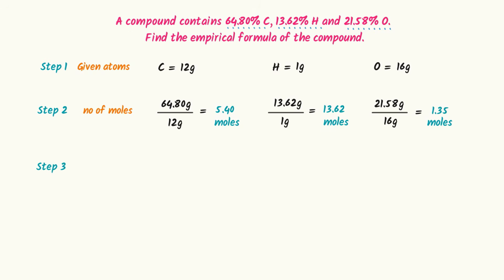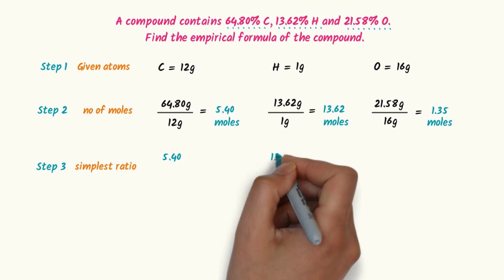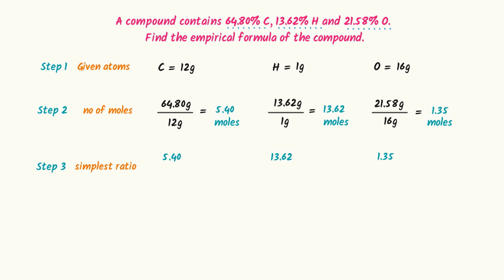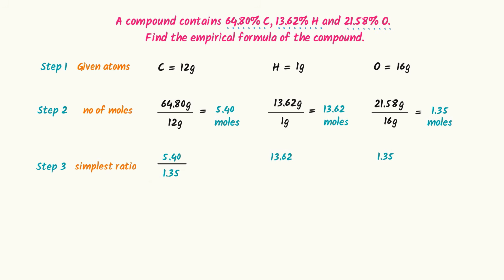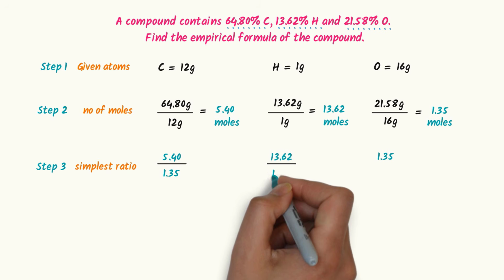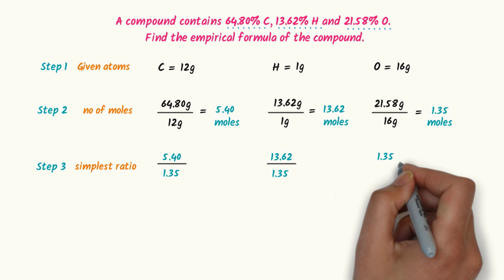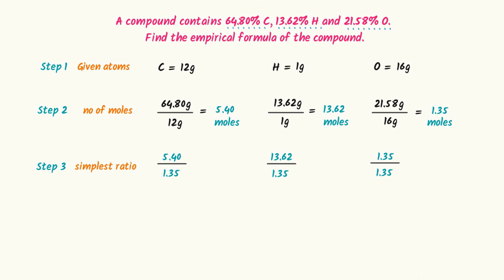In the third step, I find the simplest ratio between atoms. I write the number of moles of each atom, 5.40, 13.62 and 1.35. Here, the smallest number is 1.35. I divide 5.40 by 1.35, 13.62 by 1.35 and 1.35 by 1.35.